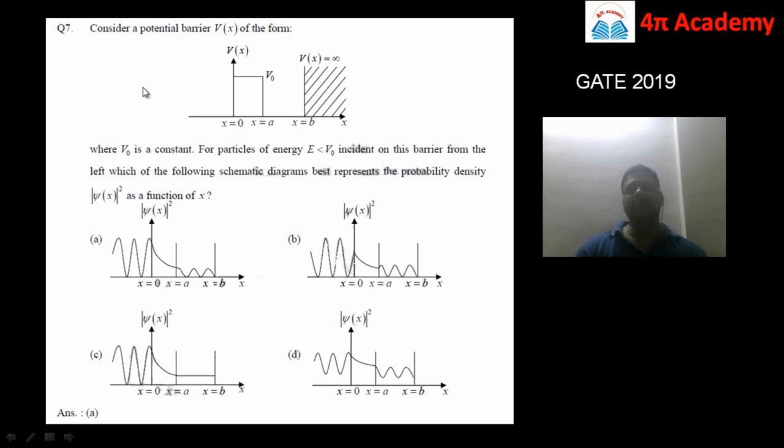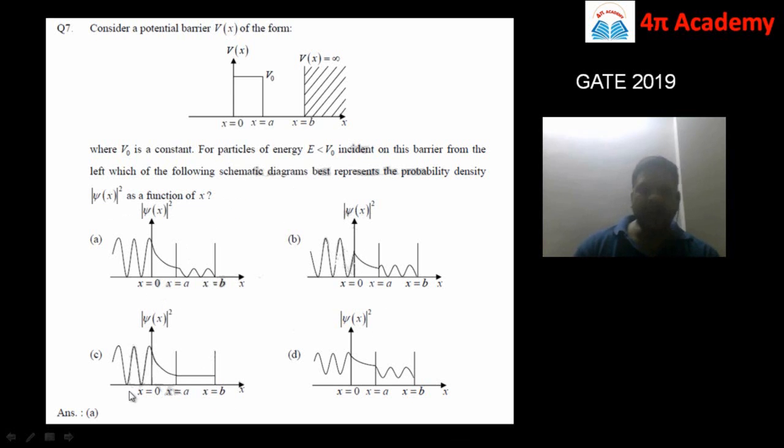And the problem is there is a particle with total energy E, less than this potential V0, and it is coming from this side. You are given the plot of its probability density, mod psi square, as a function of x, and you have to identify which one of the following is correct.